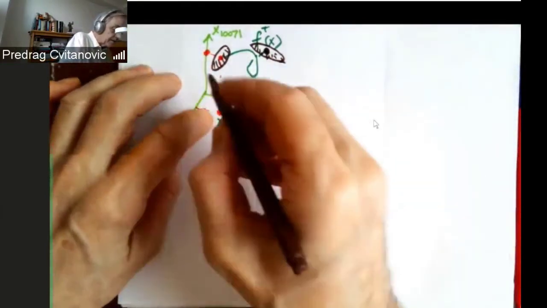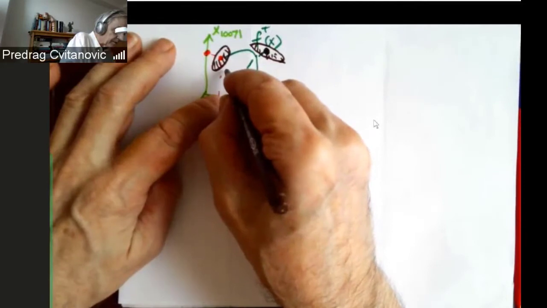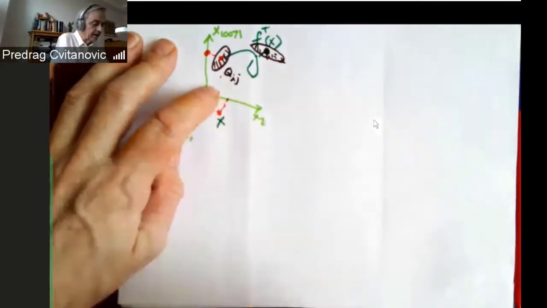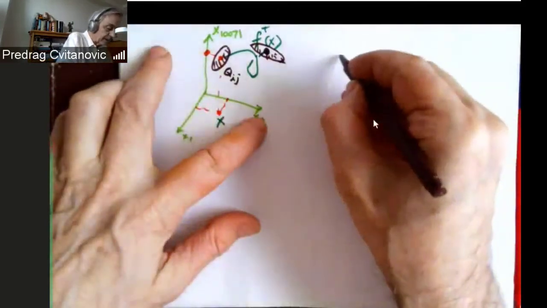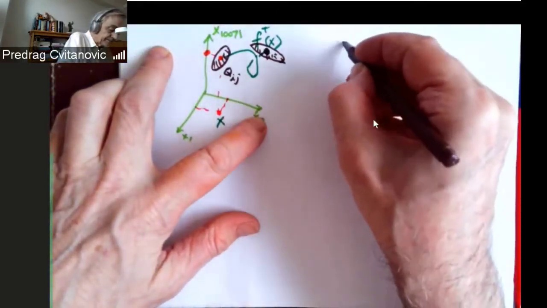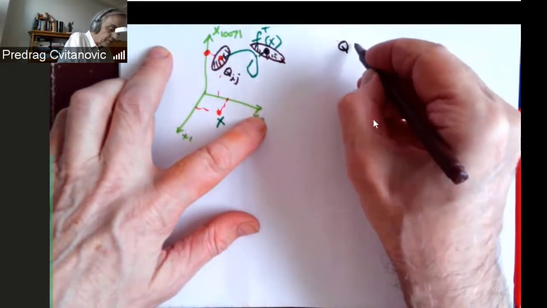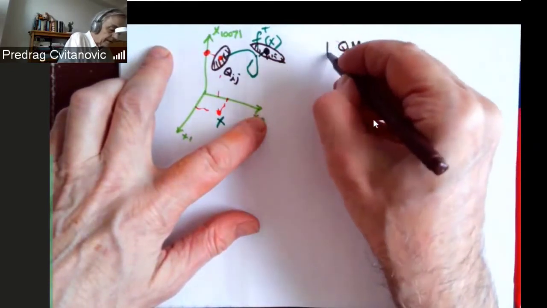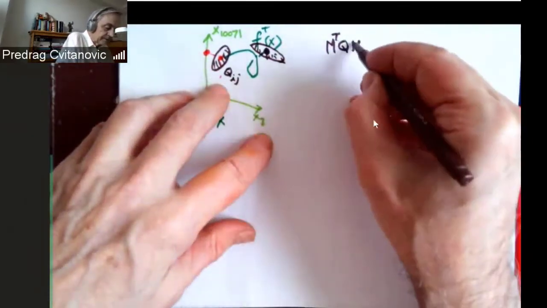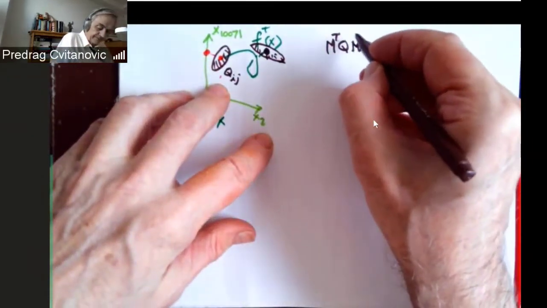And the main trick is that if this one was described by covariance matrix Q_j, the new covariance matrix is M Q M transpose.